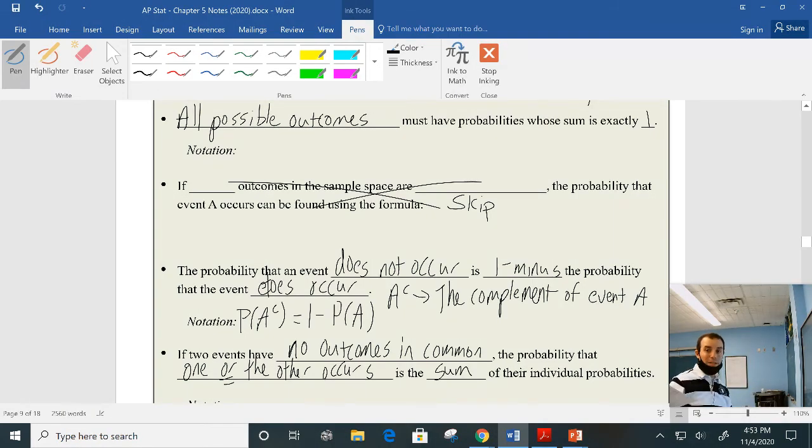This is a key thing: the word "or" in probability means one or the other occurs. So if I want to know the probability that somebody has blue eyes or green eyes, and we say nobody has two different colored eyes, I can just add those two probabilities together: the probability of blue eyes plus the probability of green eyes.